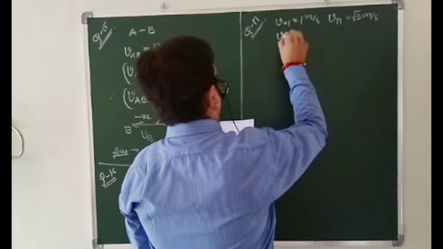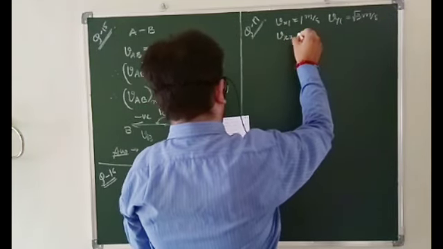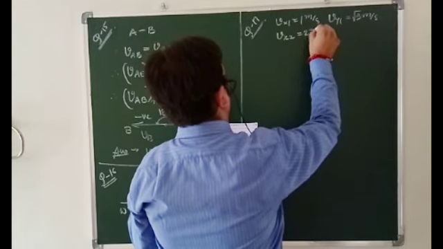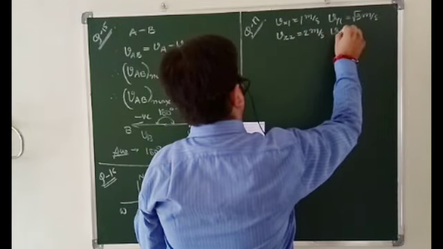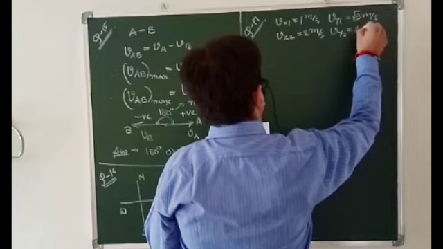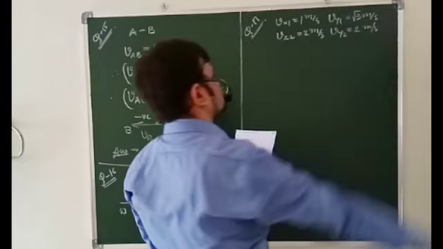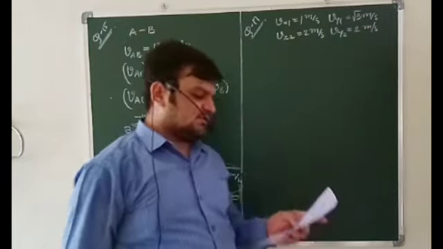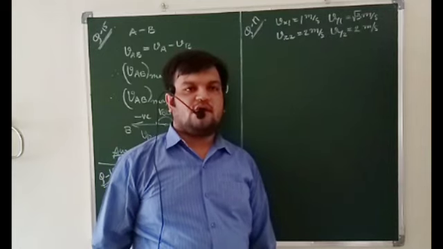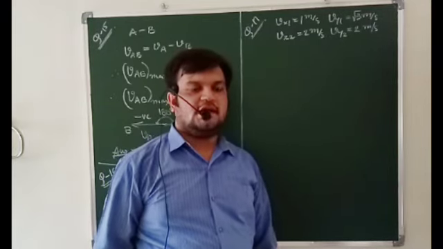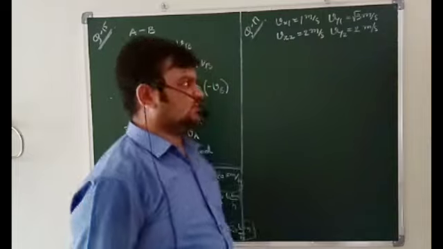For the second ball, Vx2 is 2 meter per second, Vy2 is also 2 meter per second. Now we have to find out the relative velocity and the direction of that relative velocity.